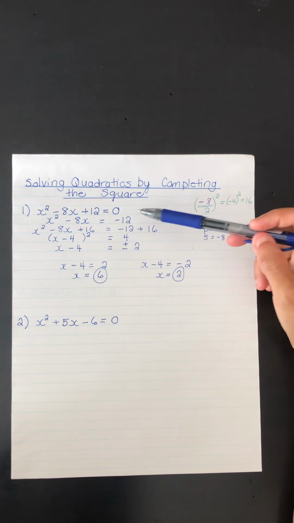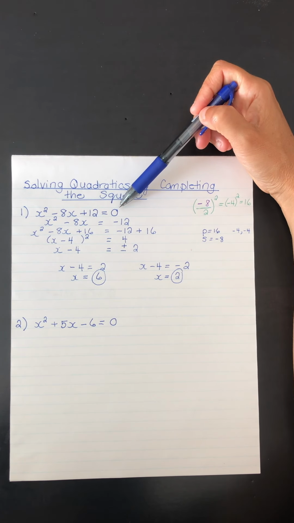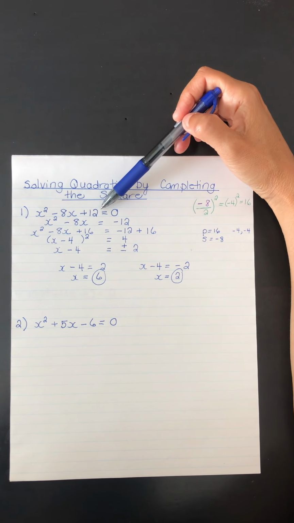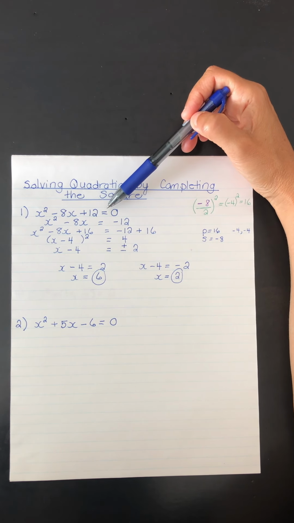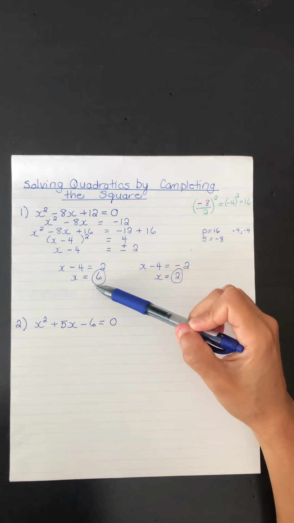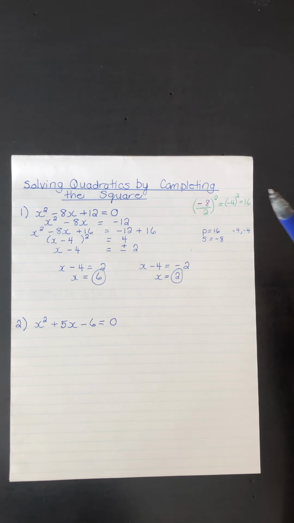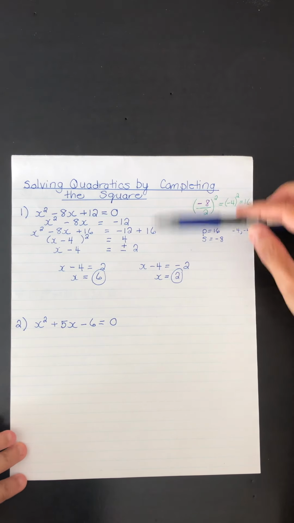Now, again, in this case, the original trinomial was factorable. The factors of this original trinomial are x minus 6 times x minus 2, from which these values could be obtained much more readily. But if you were told that you had to use completion of the square, this is how it would go.